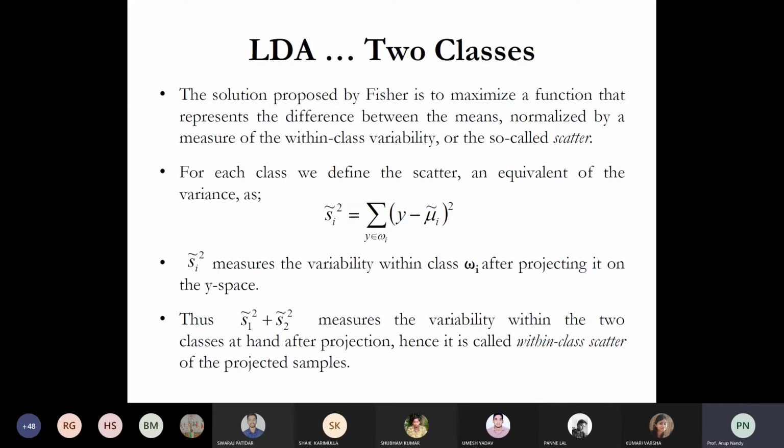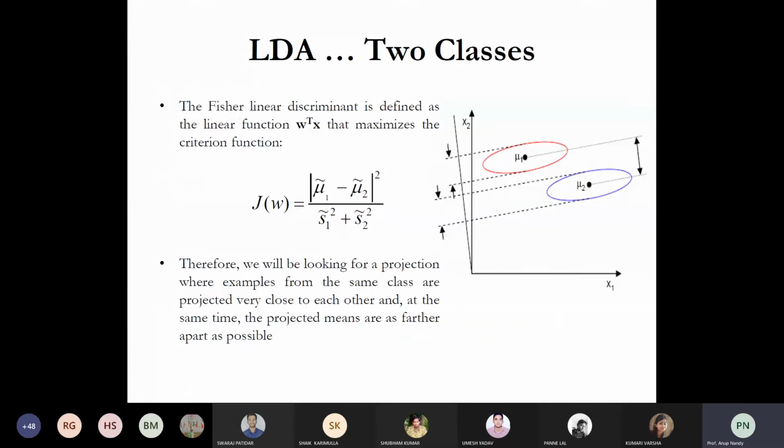That is its job. So this trade-off has to be checked and estimated. Now s1 square plus s2 square measures the variability within the two classes attained after projections. It is called the within class scatter of the projected samples.